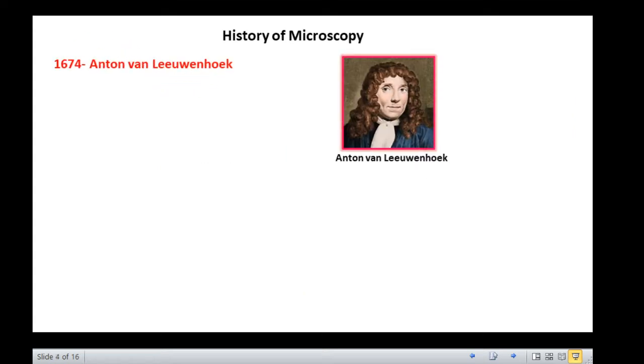Antonie van Leeuwenhoek may not be the first person to build a microscope, but the microscopes that he made were the best ones for that time period. Also, it was he who finally put the microscope to practical and scientific uses.